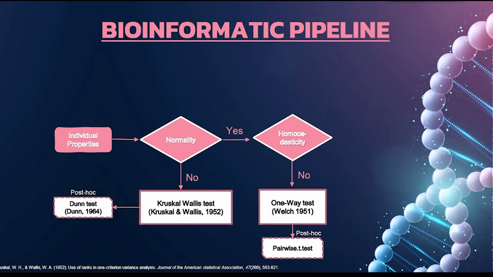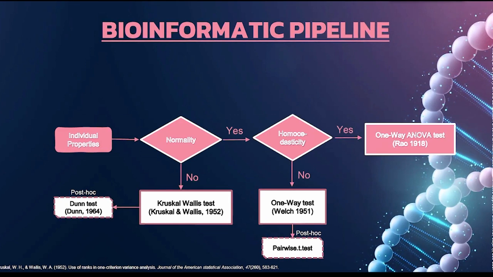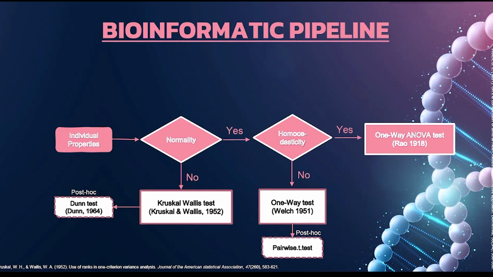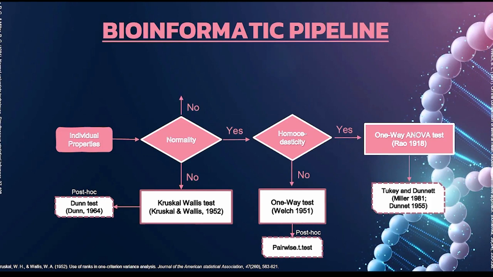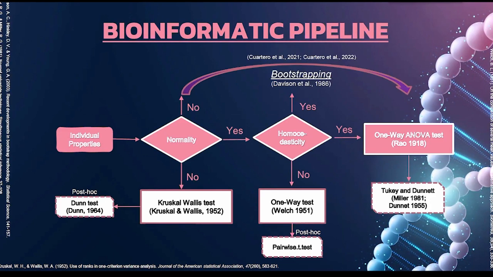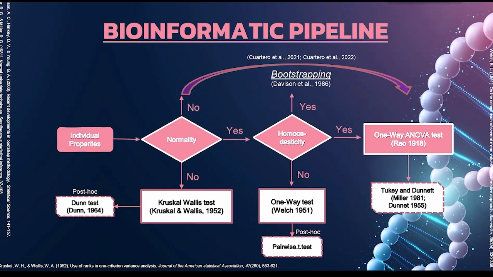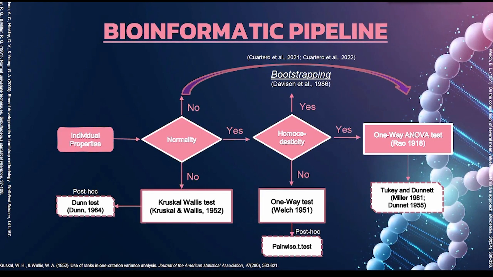But if you meet both of them, normality but also homoscedasticity, then you can perform a parametrical test like an ANOVA. However, if you don't meet the normality, but you meet the homoscedasticity, and of course, you have a very high number of samples, you can add a bootstrapping algorithm and you can correct that normality.